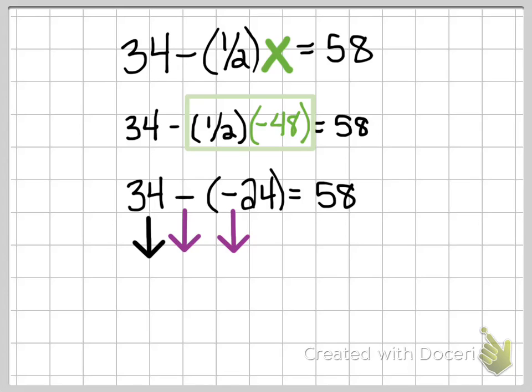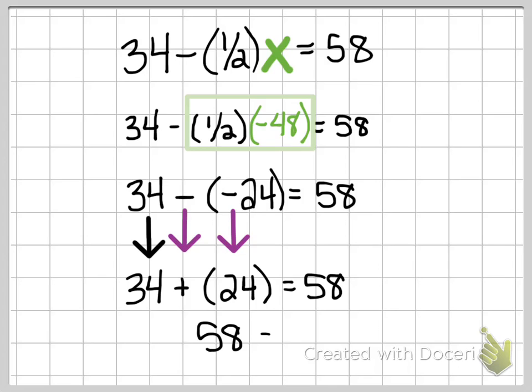Subtraction is really just addition of the opposite sign. 34 plus the inverse of negative 24, which is positive 24, is equal to 58. When I take 34 and 24 and add them together, it is 58. 58 is equal to 58. So we maintained equality throughout the entire equation. We found out that our solution for x is equal to negative 48. Congratulations.